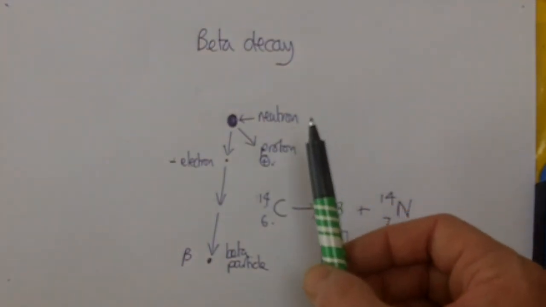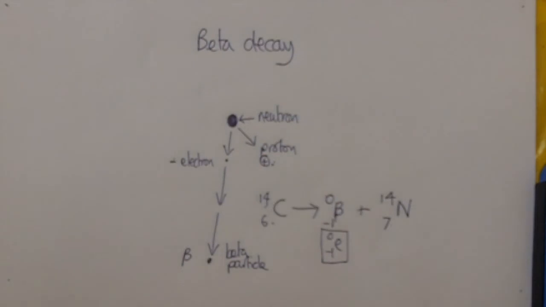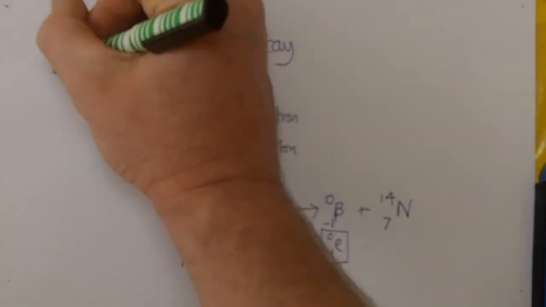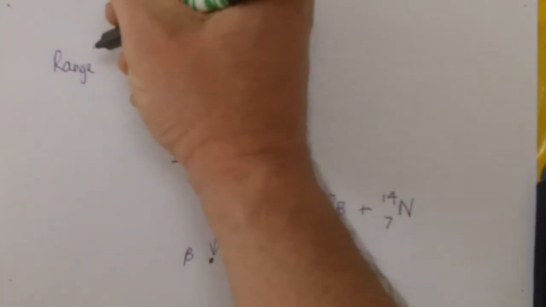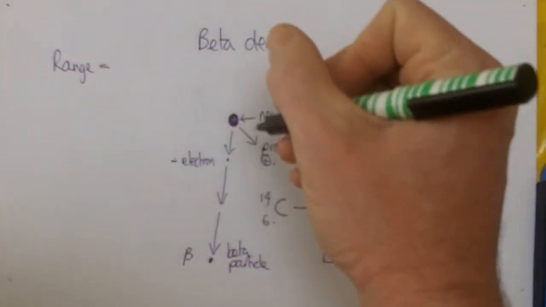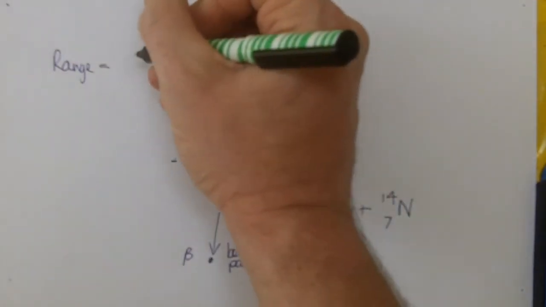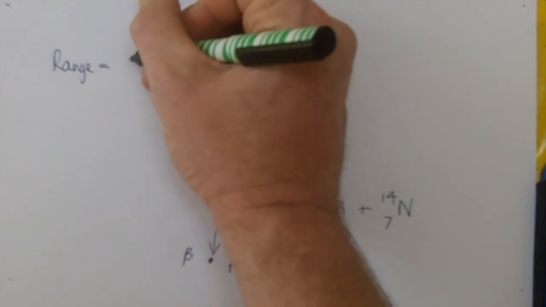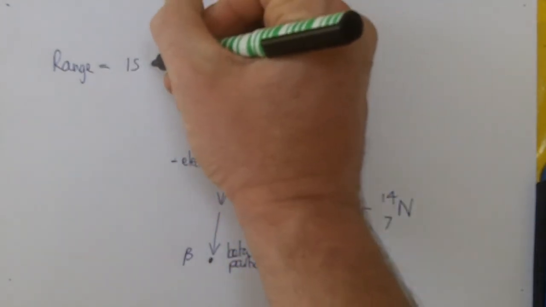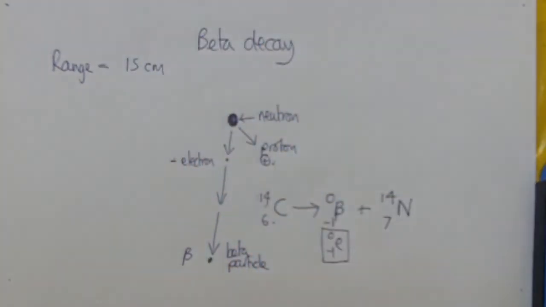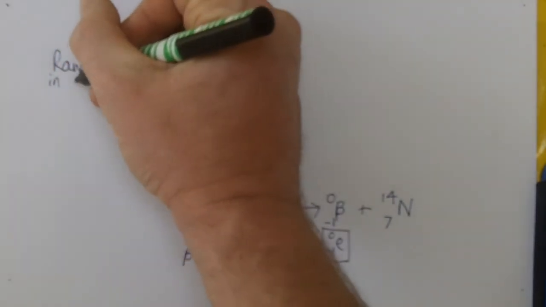Okay, so if you look at the properties of beta particles, they are slightly different to those of alpha, but again, they need to be memorized. The range of beta particles is a little bit further, up to about 1 meter in some cases, so 15 centimeters on average in air. It's important to remember it's the range in air.